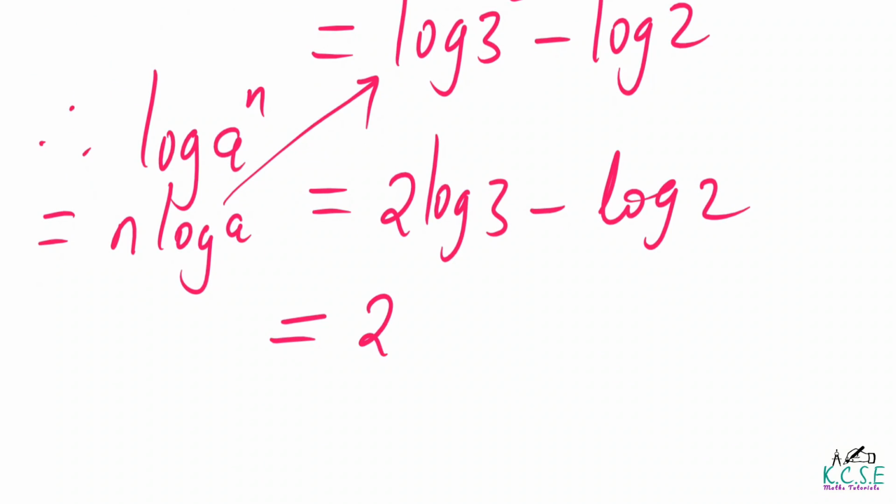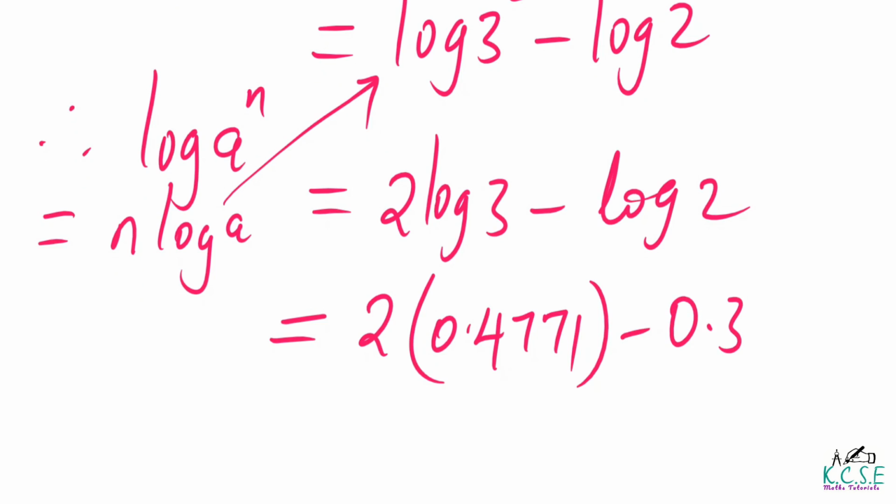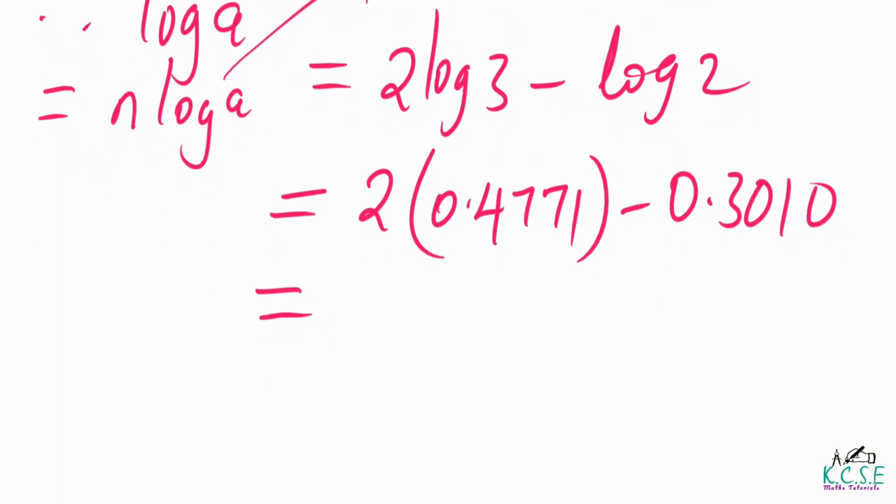Now having this expression, and we're already given log 3 and log 2 in the question, we just need to substitute into 2 logarithm of 3, which is 0.4771, minus logarithm of 2, which is 0.3010. We need to work this out.